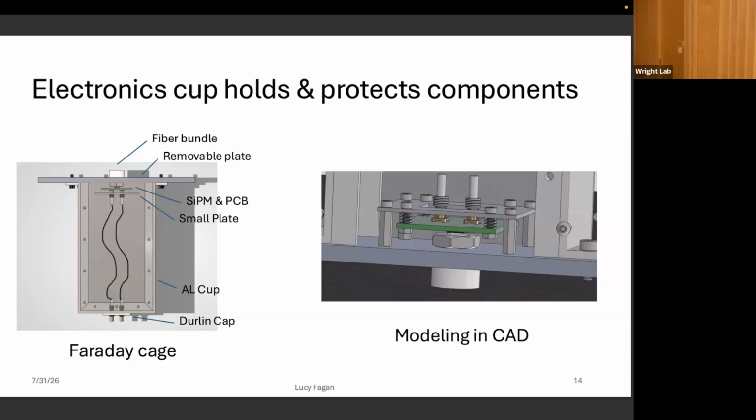And so essentially, I can use the laser pointer. This plate is an aluminum plate and it's stuck in place with these screws to this removable plate. And so this is the PCB and it's fitted to this plate with springs. So that way, if something were to push on it, it would push in. And so we're able to tighten these screws down in order to fit it perfectly to align with our fibers.